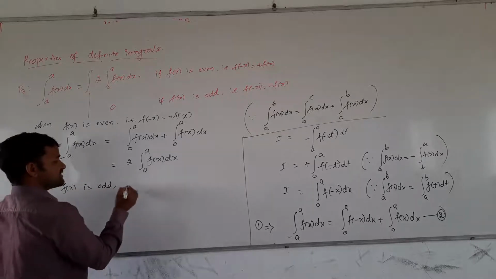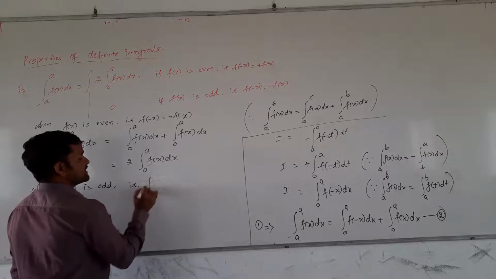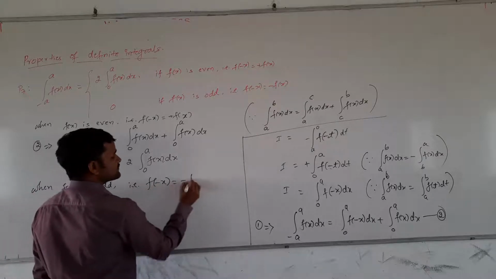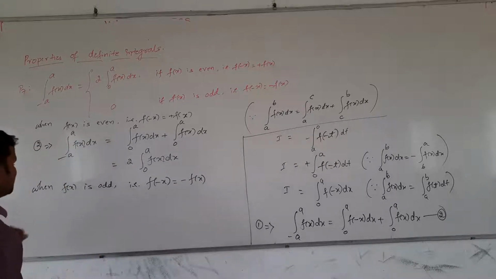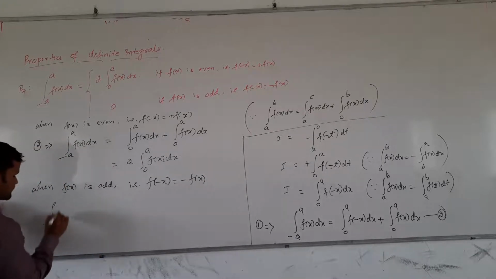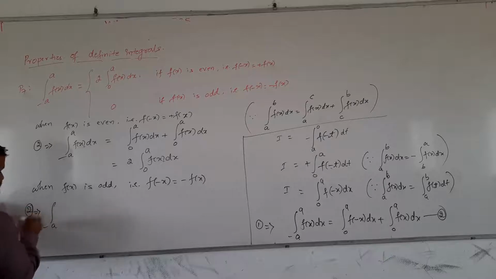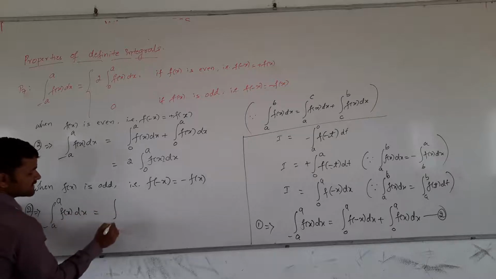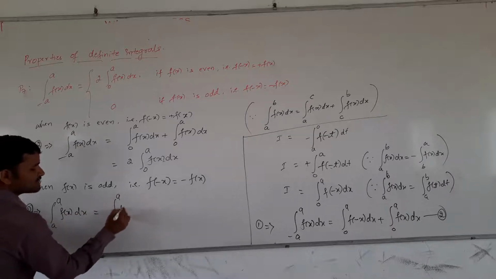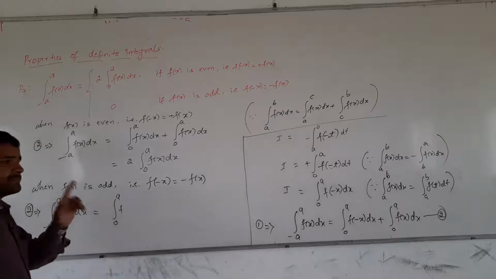Now case number two, that is when f of x is an odd function. When f of x is odd, that is f of minus x is equal to minus f of x, what happens to our integral from minus a to plus a? Substituting in equation 2, integral from minus a to a f of x dx is equal to integrating from 0 to a f of minus x, which is minus f of x.